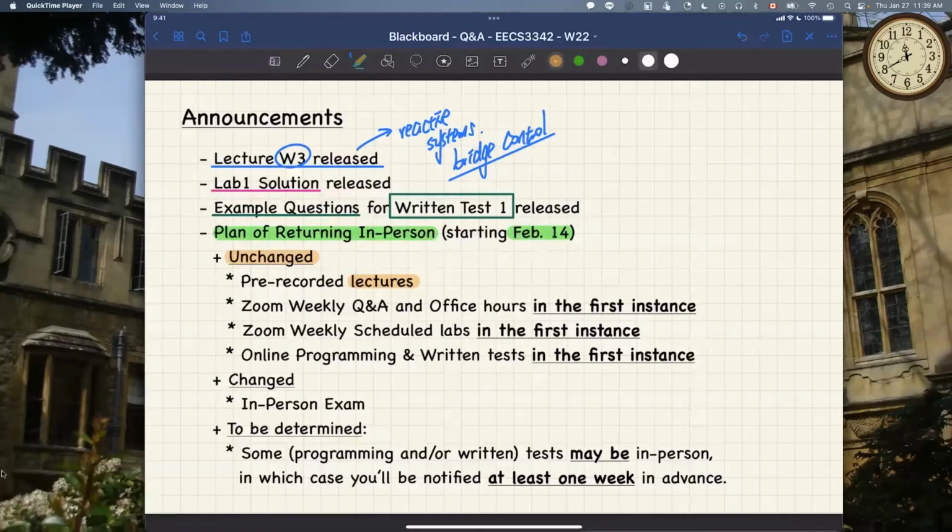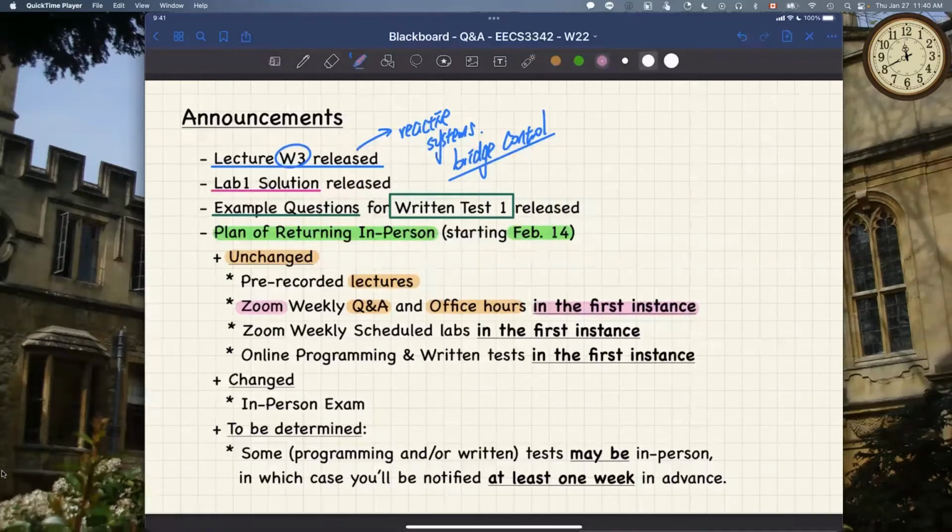And as for your weekly Q&A and also your office hour, okay, notice my wording over here. I said it's going to be Zoom in the first instance, meaning that we're still going to keep them online, at least for now. If towards the end of the semester I find that you guys really would like to see me in person, I can definitely consider having maybe 1 or 2 hours in the week to have some in-person activity.